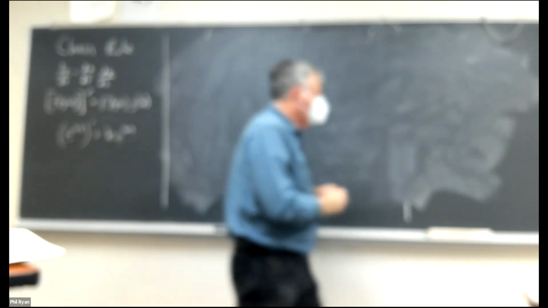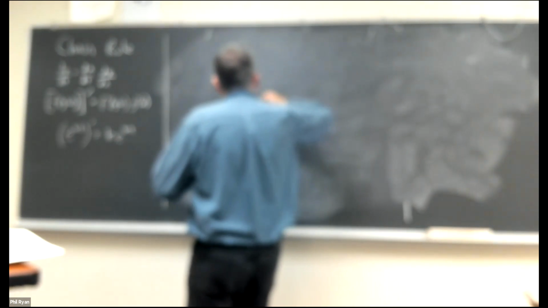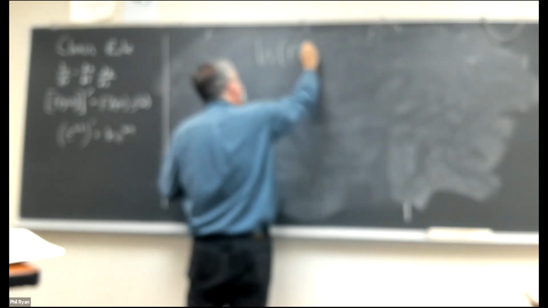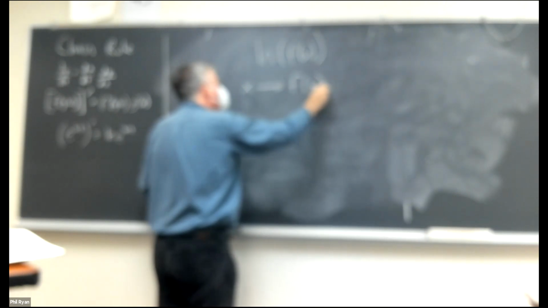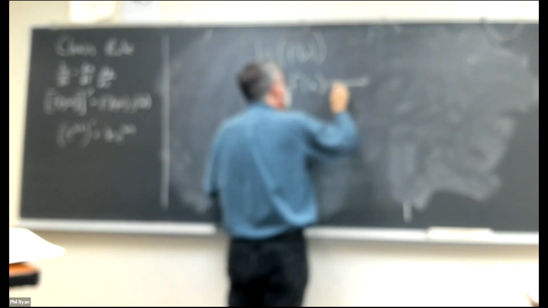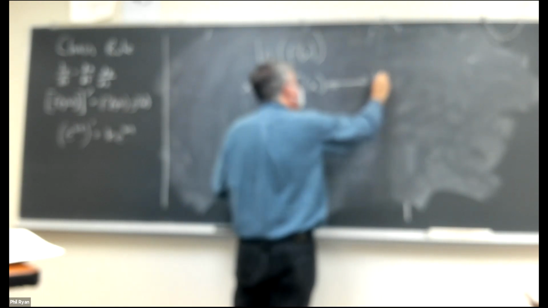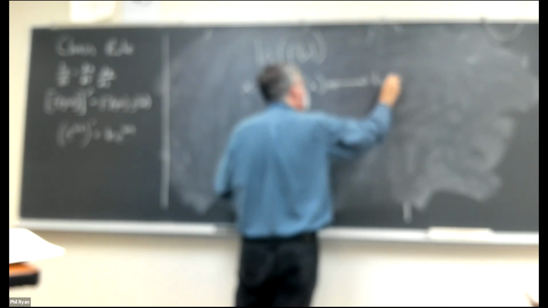One thing you might have noticed is, let's say we have ln of f of x. If we do the chain for this, we get x going to f of x, let that be u, going to ln of u.